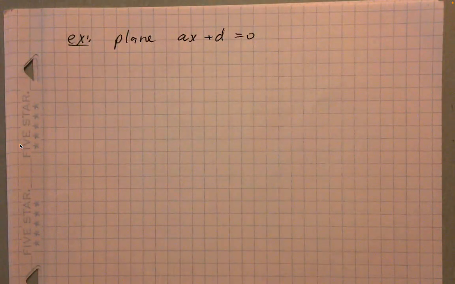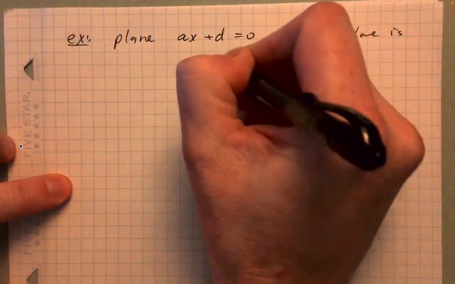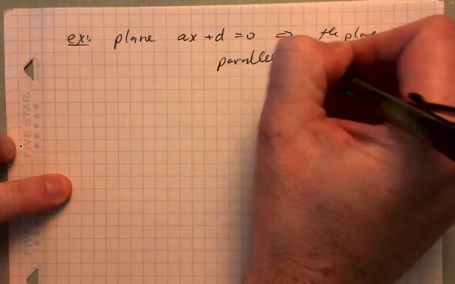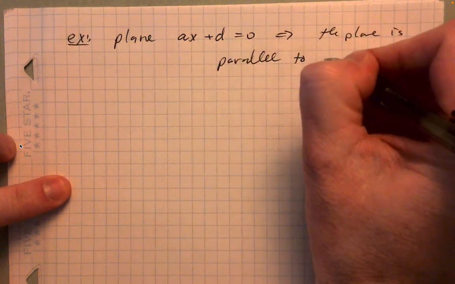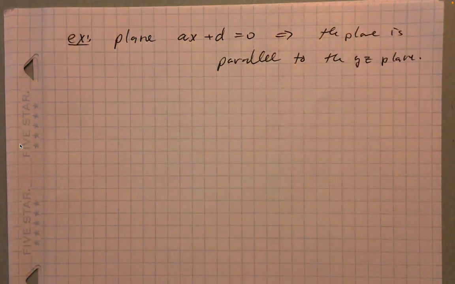Right? So I just have the x variable, no y or z. This implies the plane is parallel to the yz plane. Right? It's not going to intersect the y-axis, and it's not going to intersect the z-axis, right?